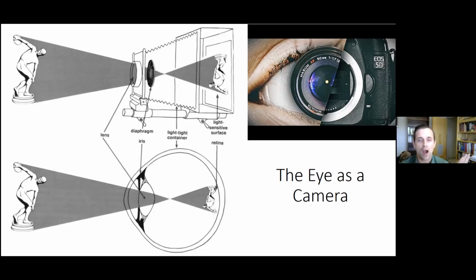So that's why you've got this crisscrossy, inverted projection of fibers, because our brain has to turn the image back right side up so that we can see it as it really is. And a camera does something similar to this with the images that you take in a camera.